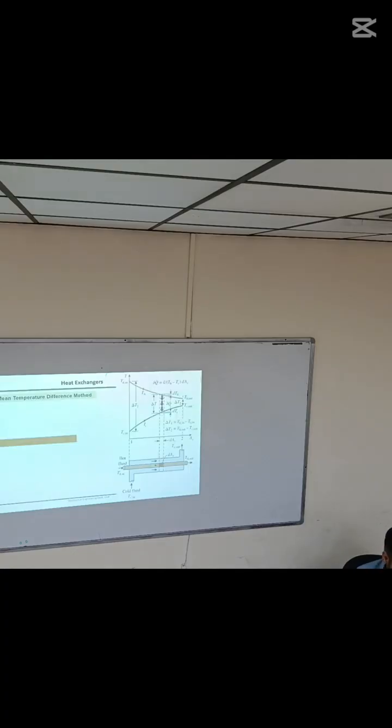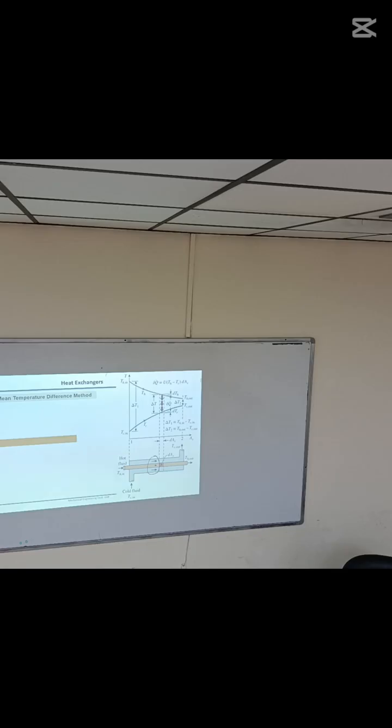Okay, now for the log mean temperature difference, we have to find out its equation. See here, what is that situation? This is a double pipe parallel flow heat exchanger. Both fluids are moving in one direction.